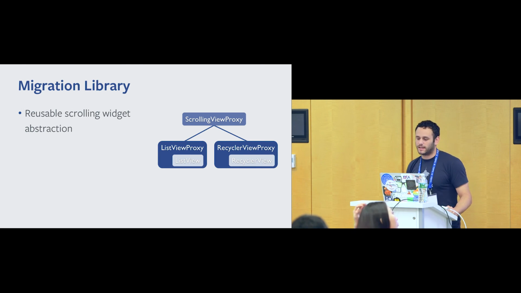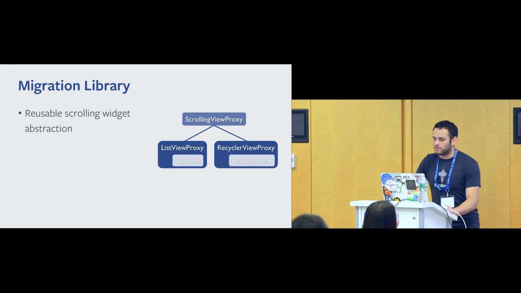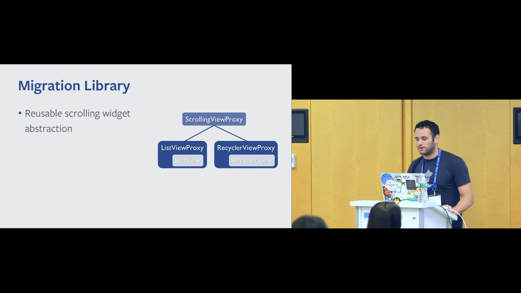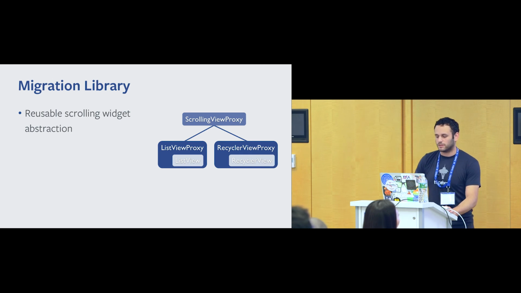The way we decided to carry out this A/B test is that we have a migration library that abstracts away whether a scrolling view is implemented in ListView or in RecyclerView. And then we can reuse this library for every feed that we want to convert. In this class diagram, scrolling view proxy is the opaque interface that has the two implementations, ListView proxy and RecyclerView proxy, and those wrap their respective scrolling views.